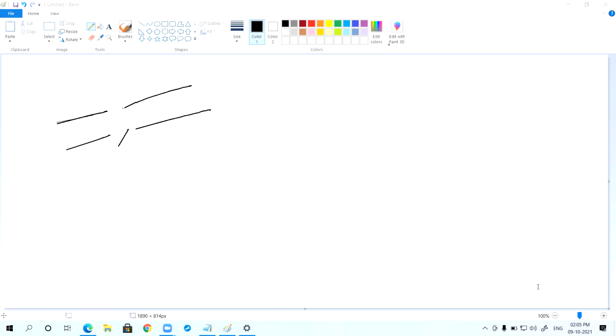One more is called relocatable code. In relocatable code, the location binding is done at load time.